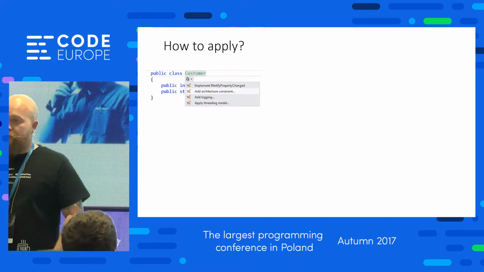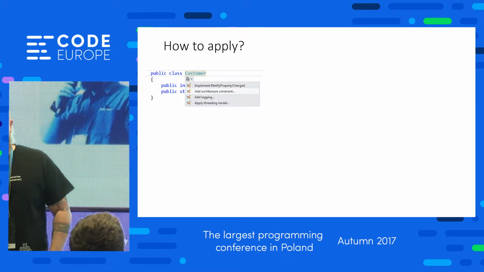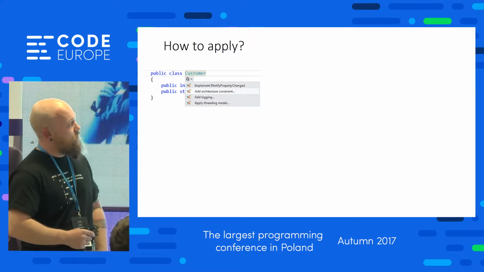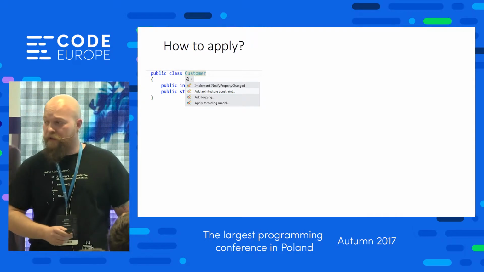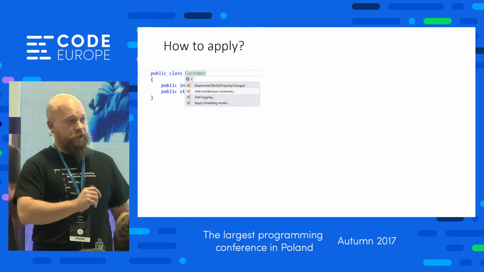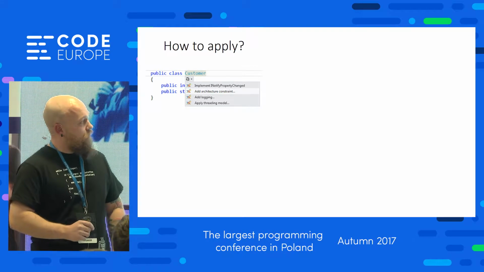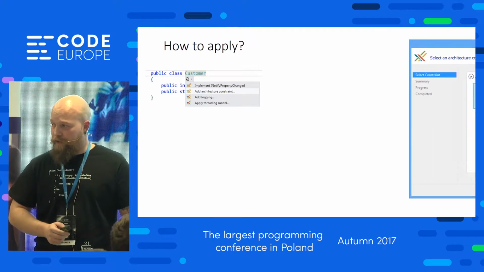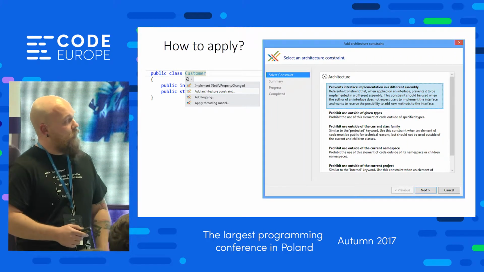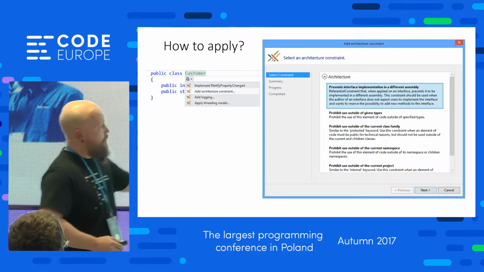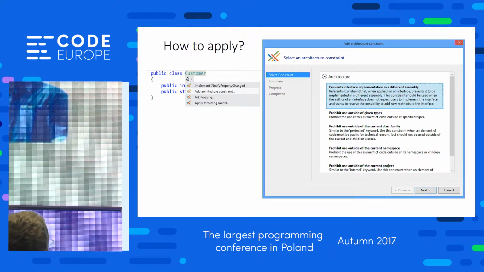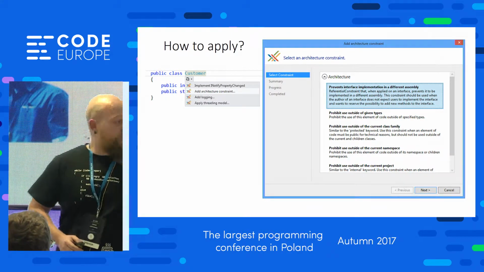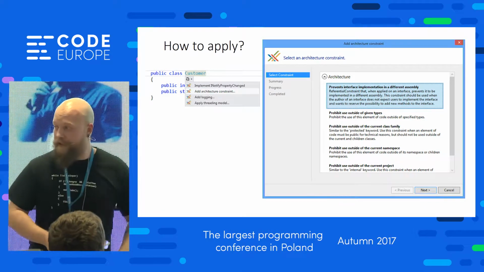But at the same time, you don't want to allow developers to use constructors or some other public methods. In general, you can apply these built-in aspects through IntelliSense in Visual Studio, just by clicking on the bulb and selecting Add Architecture Constraint. You will see this dialog box, and depending on the context where this class lives, you could see different options, or all of them, or maybe only part.